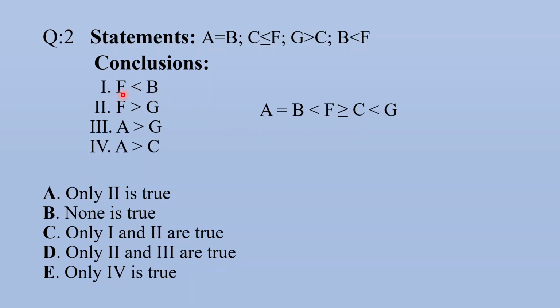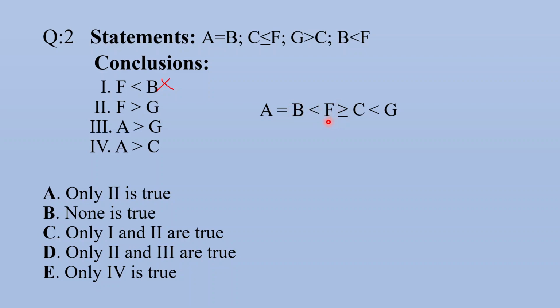Conclusion 1 is F is less than B. You can see here that it is given that F is greater than B. So our conclusion 1 is wrong because B is actually less than F. Okay, now the second conclusion is F is greater than G. You can see here again you have encountered two symbols whose mouths are open in opposite directions. This sign's mouth is open towards the right, and this sign's mouth is open towards the left.